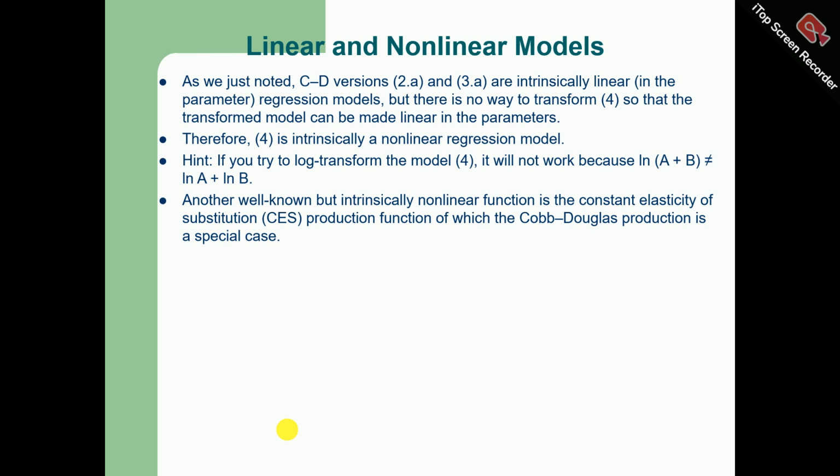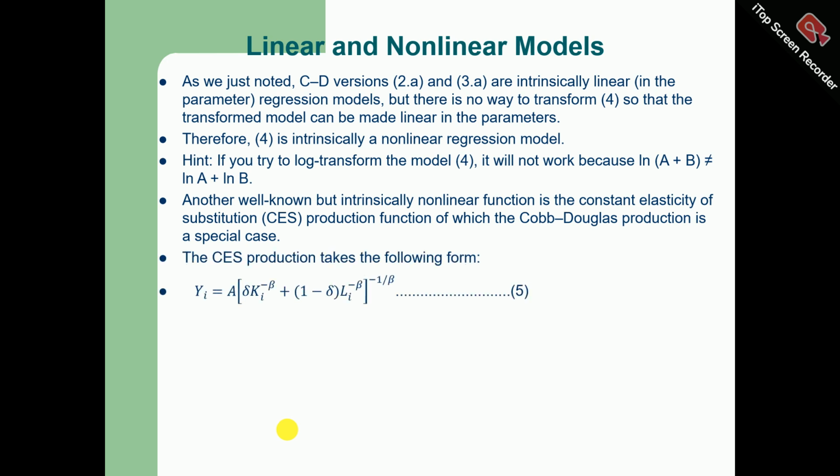Another well-known but intrinsically non-linear function is the constant elasticity of substitution function, that is the CES production function, of which the Cobb-Douglas production function is a special case. The constant elasticity of substitution production function is given by this equation number 5, where yi is equal to A times sigma ki raised to minus beta plus 1 minus sigma times li raised to the power minus beta, whole raised to the power minus 1 divided by beta.